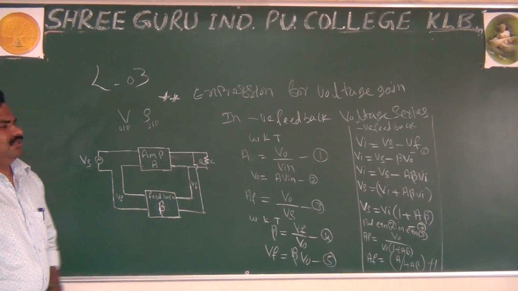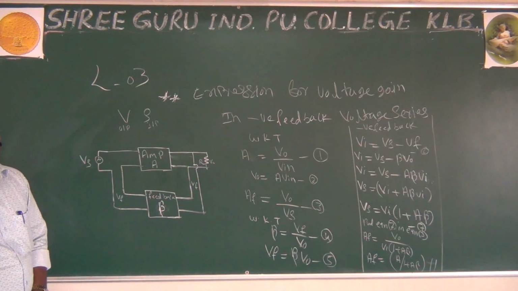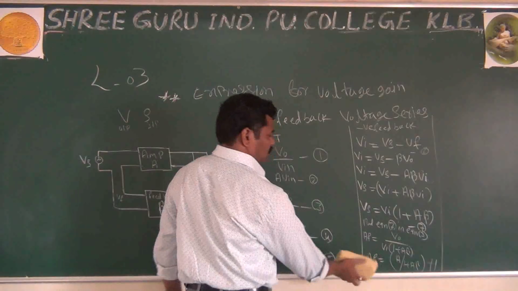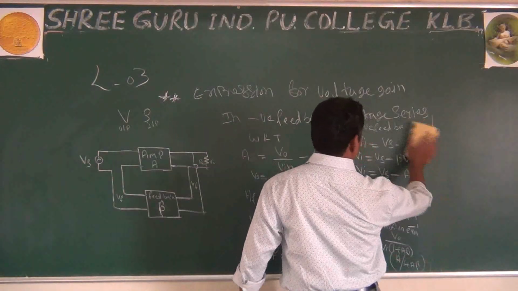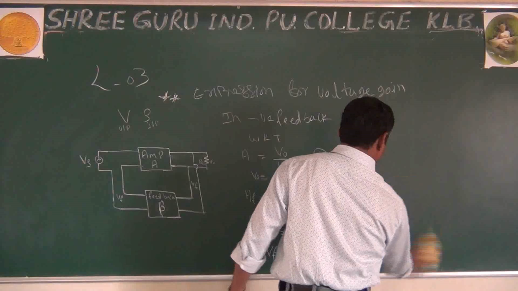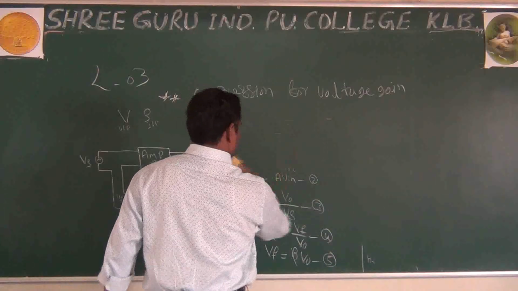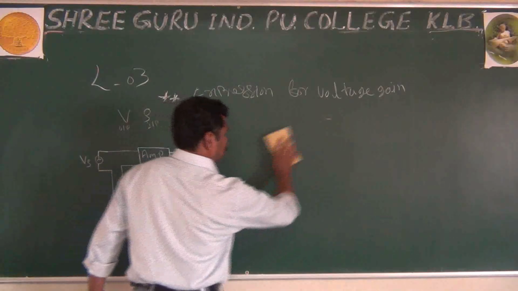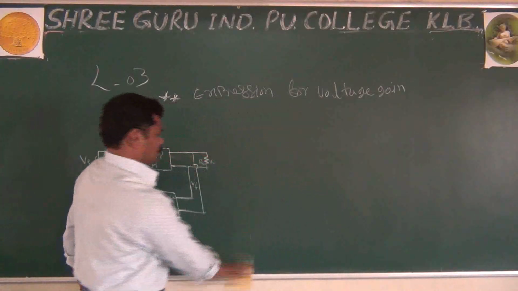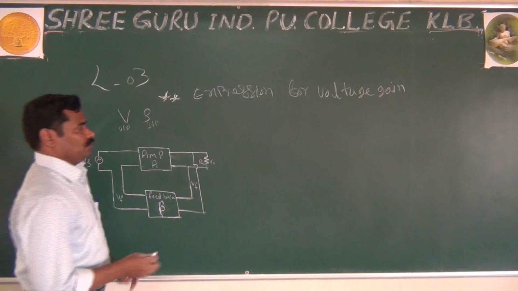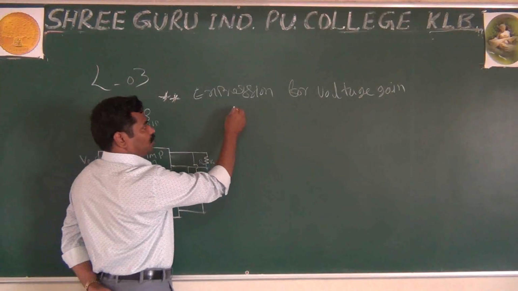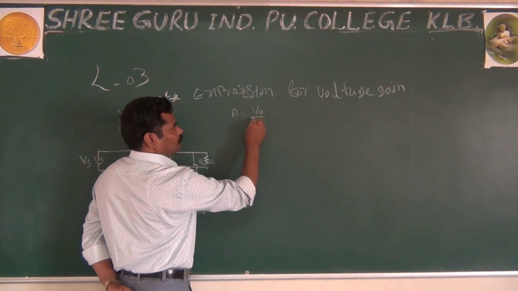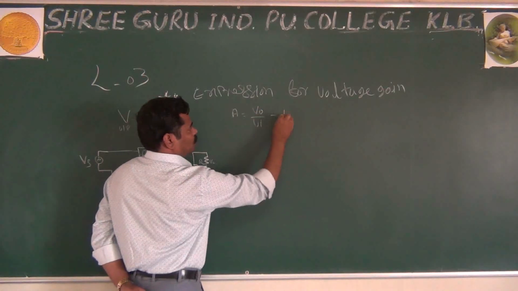If not, I can write it in another simple way. Maybe it is very simple. I can write it in very few words, then it is possible to remember very easily. Once again, if you want, I can go back to the derivation, writing in small. First, the gain without feedback, that is V0 by Vi, equation number 1.